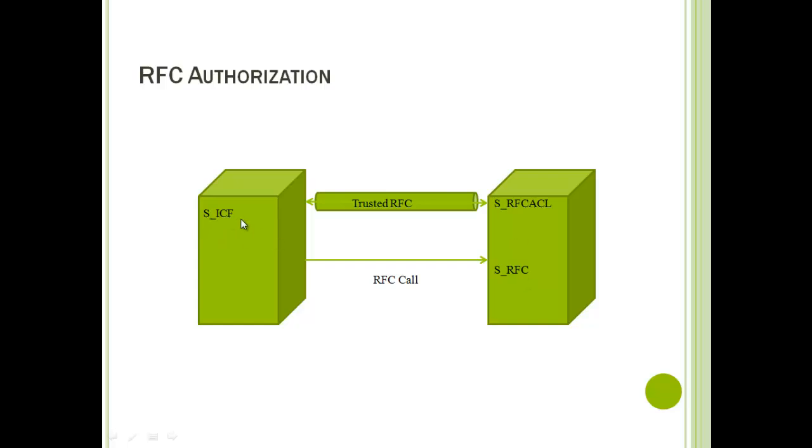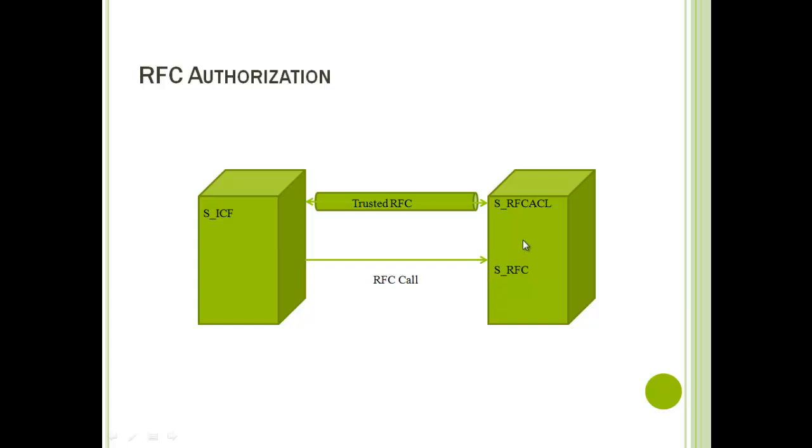S_ICF is used within the source system to trigger the RFC call. For the trusted RFC they use S_RFCACL, which is an authorization object you need in the target system for a trusted system. Then you can call the trusted system and connect between the systems.